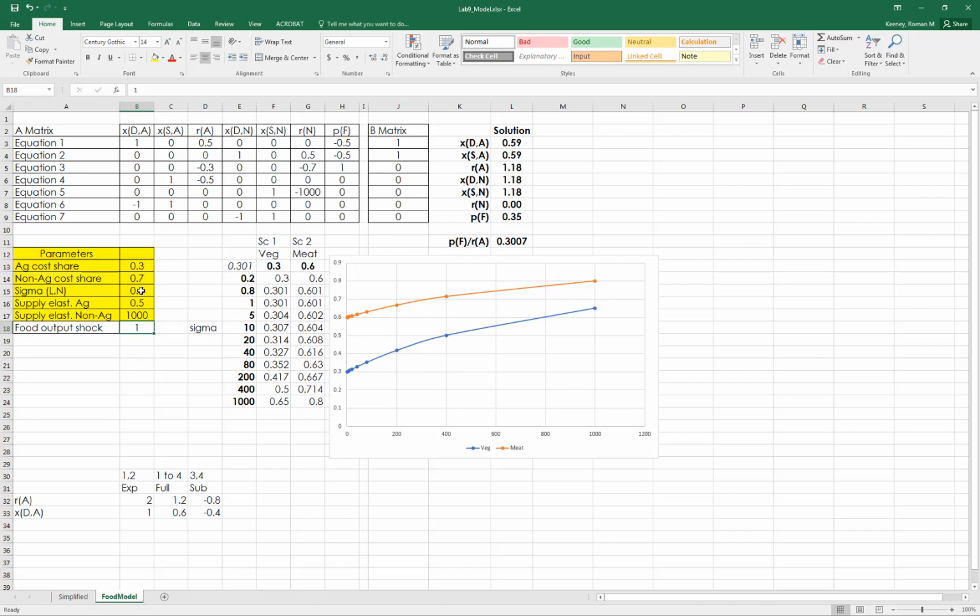Okay, so now we can try this and see if our effects show up, and you can see that it's being driven by that cost share.